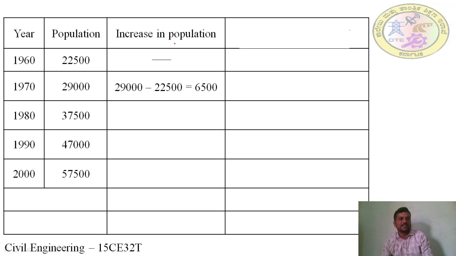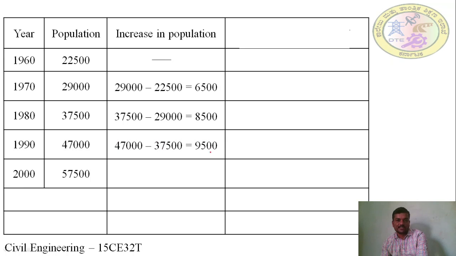Similarly, the increase in population for the year 1980 is the population in the present year minus the previous year. It is 37,500 minus 29,000, which is equal to 8,500. The increase in population for the year 1990 is 47,000 minus 37,500, which is 9,500.